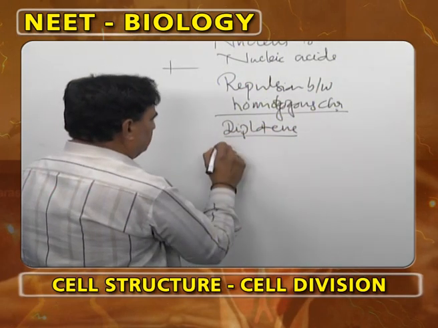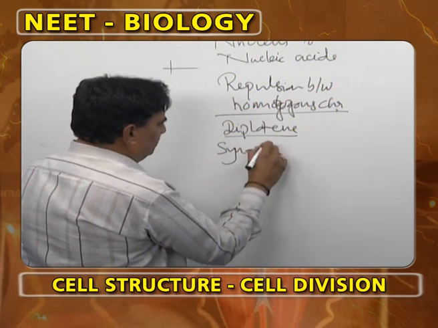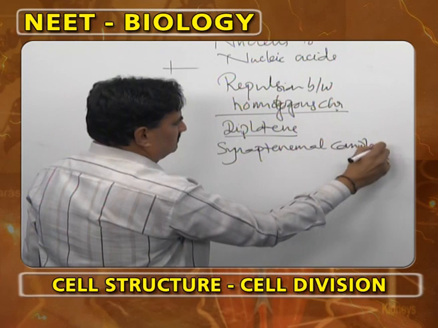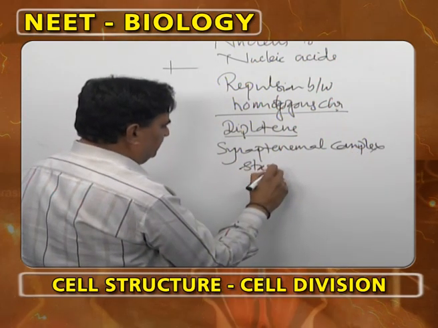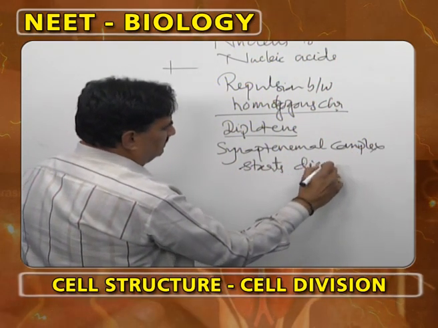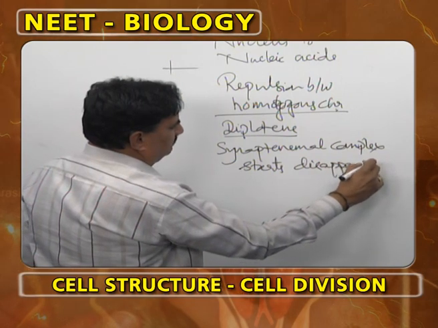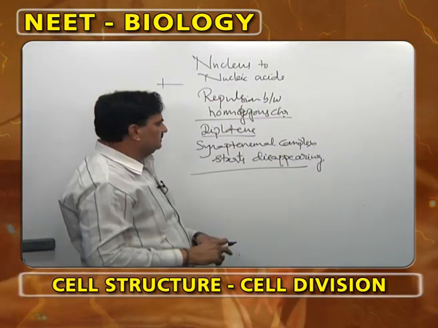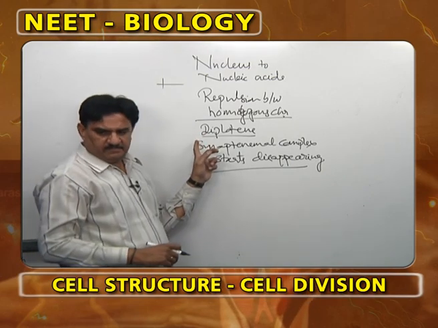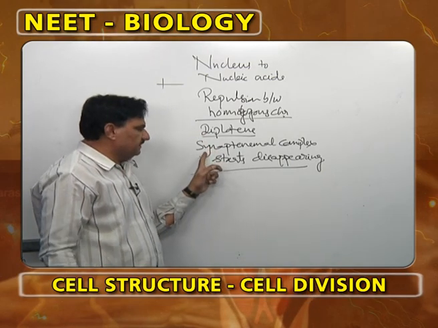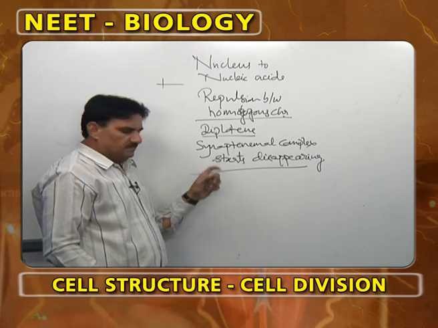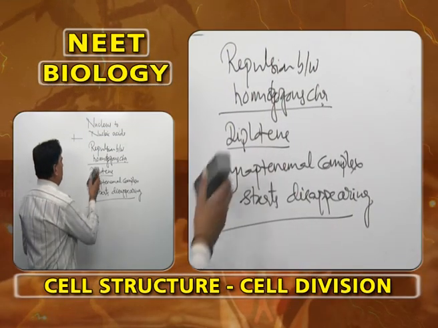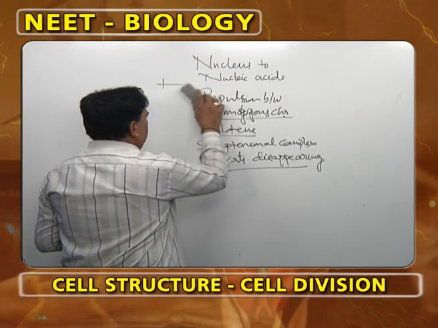Because in this stage only the synaptonemal complex starts disappearing or completely disappears. So in this stage of meiosis, particularly diplotene, the synaptonemal complex starts disappearing. Whenever the synaptonemal complex starts disappearing, definitely there is a repulsion between homologous chromosomes.